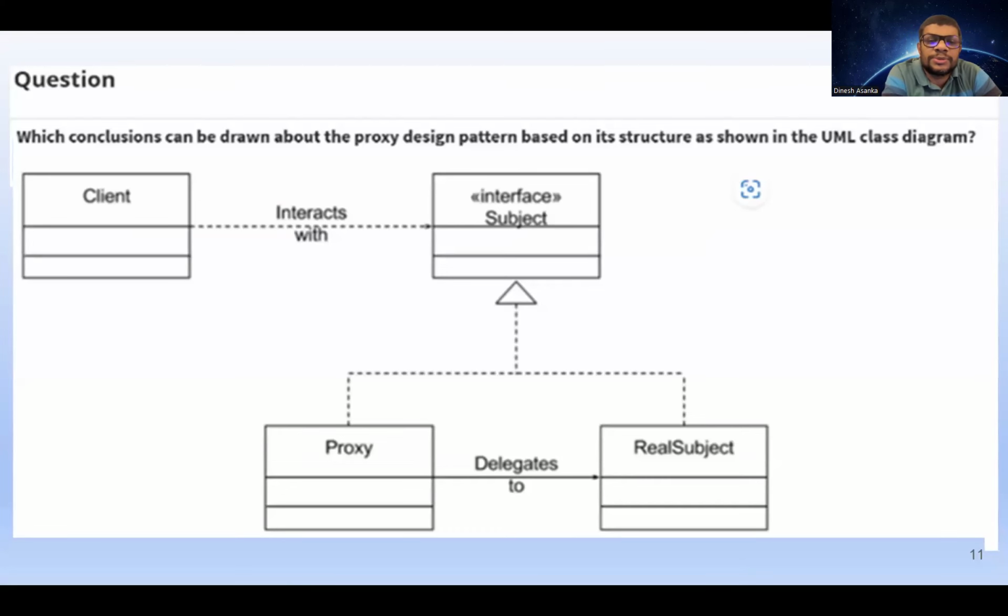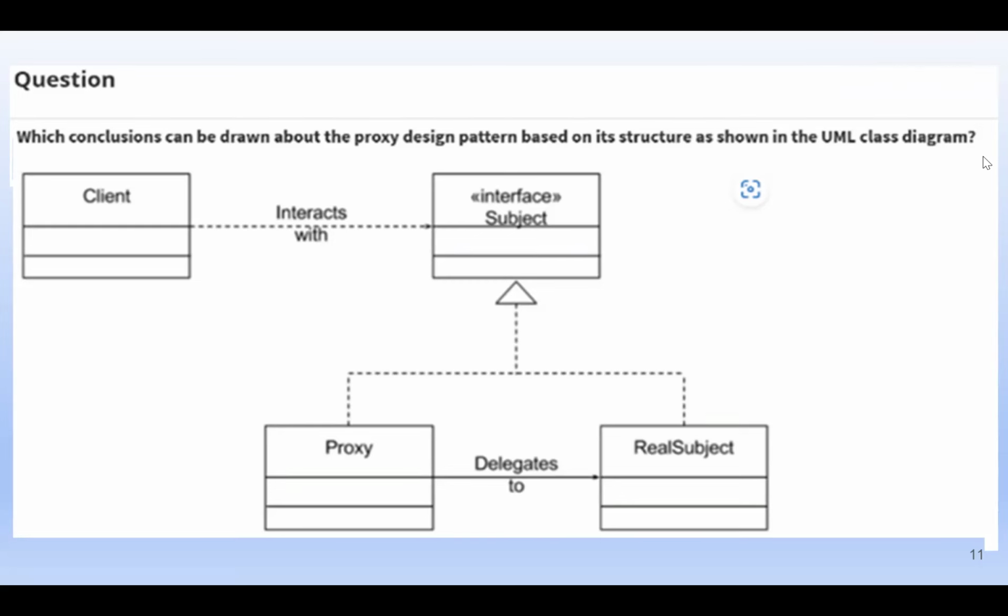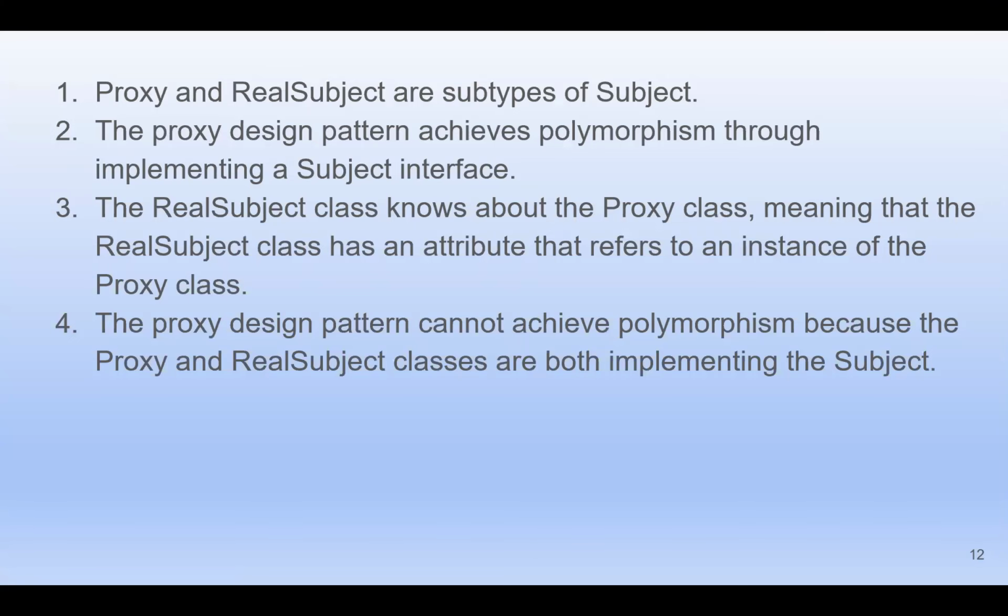Same thing. Now, what conclusions can be drawn about the proxy design pattern based on its structure as shown in this UML class diagram? Same diagram as I showed before. Now, there are four options. Proxy and real subject are subtypes of subject.